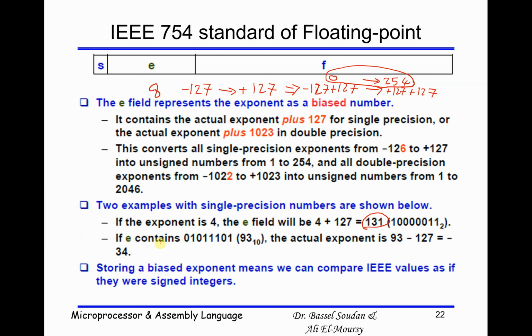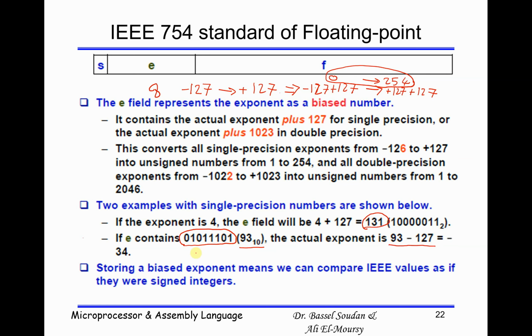If I read a value from the floating point register, in the exponent field, and it indicates that the exponent is 93 in decimal, since it is biased I have to subtract 127 from that number.